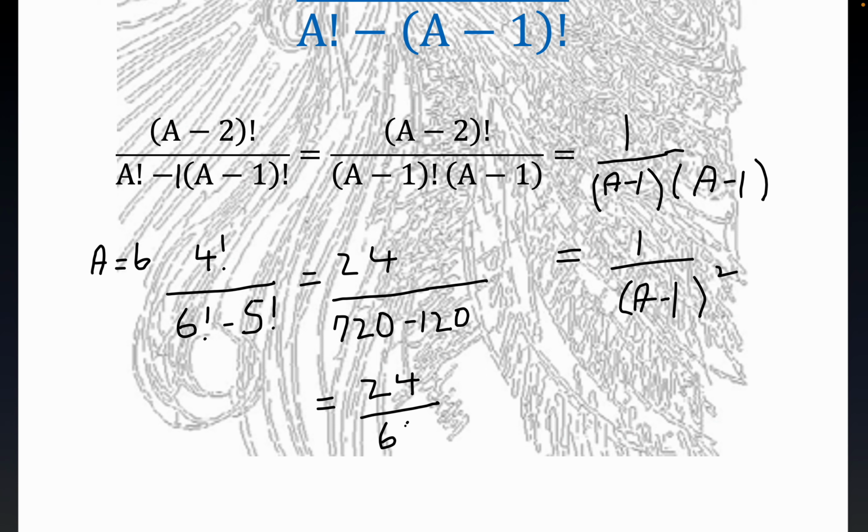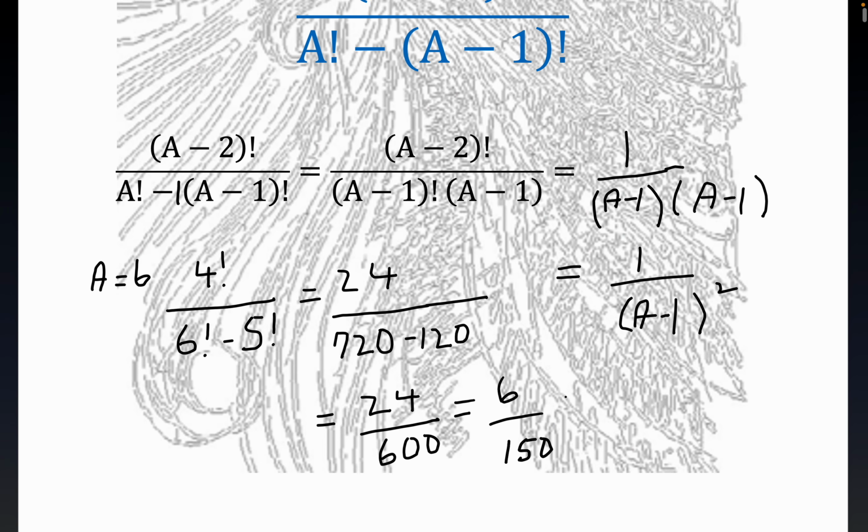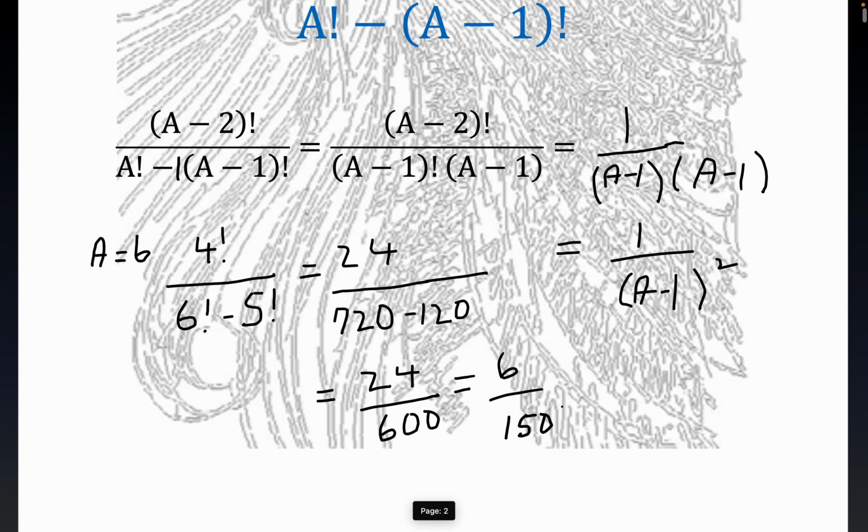There's a lot of 2's going on here. Let's see. There's a 4 common, so this would be 6 over 150, ladies and gentlemen. Right, 4 times 6 is, yeah, that's right. And then this would be equal to 1 over 25, isn't it? 6 times 25 is 150, right?